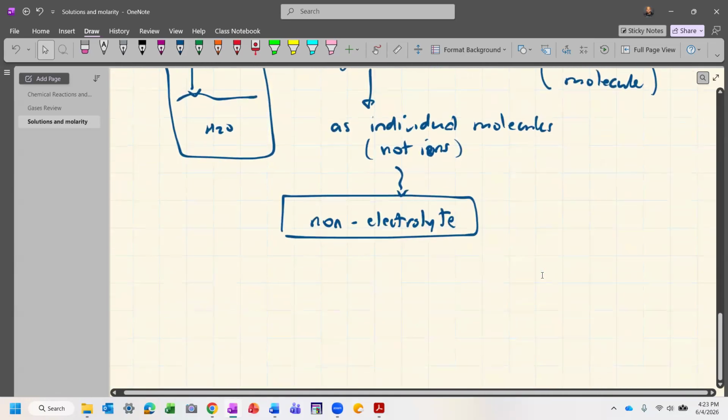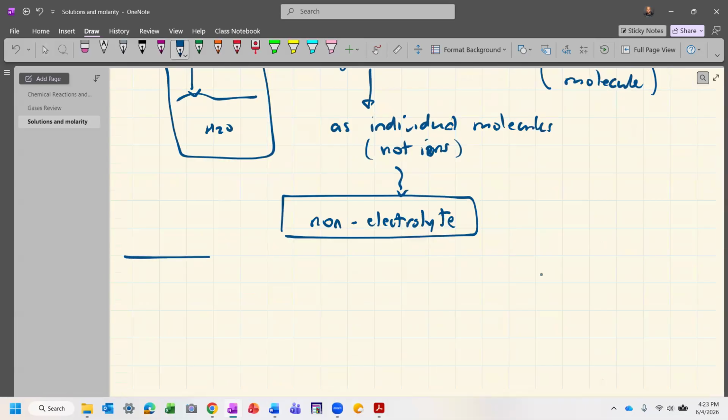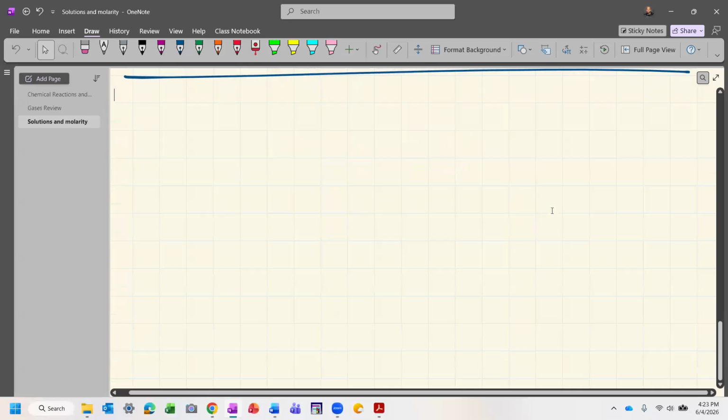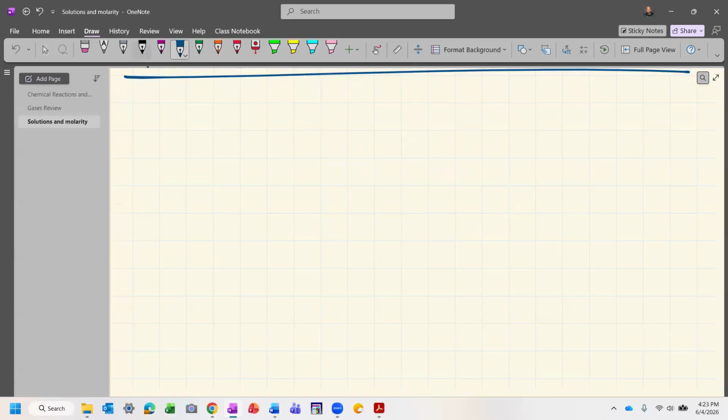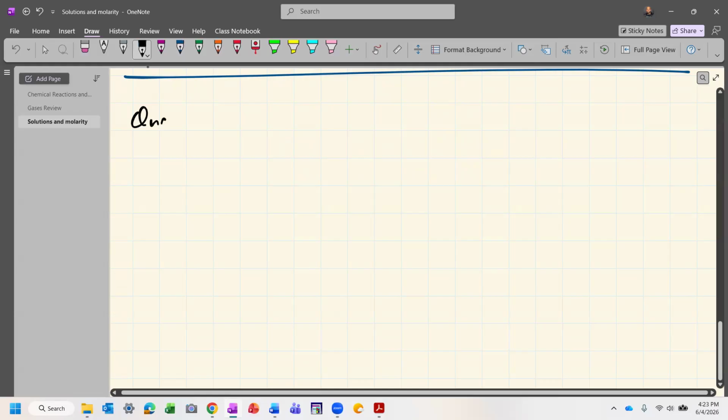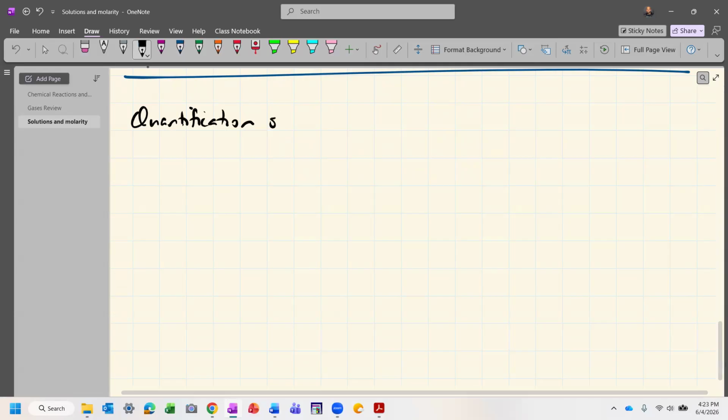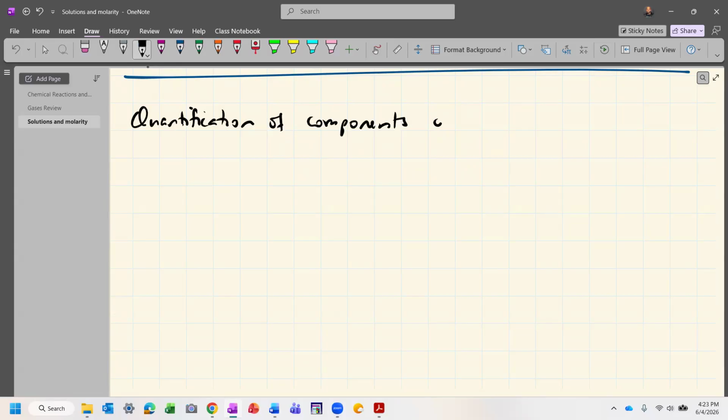The next thing we'll take a look at is more on the math side of solutions. So when we try to quantify the components of a solution, and by the way, I will abbreviate solution as SOLN, just like reaction was RXN, equation was EQN.